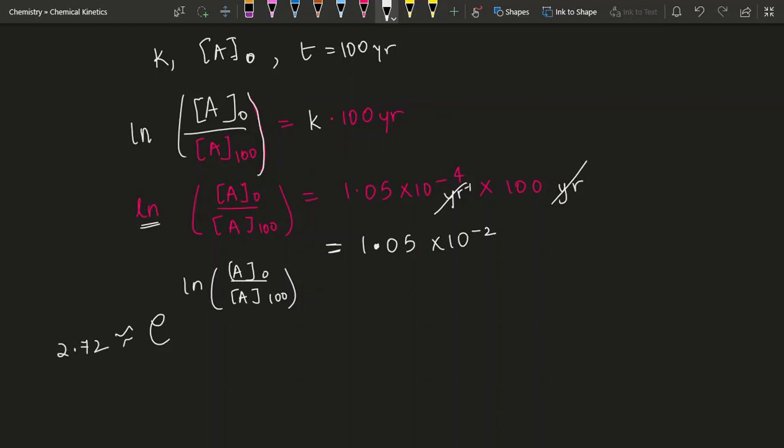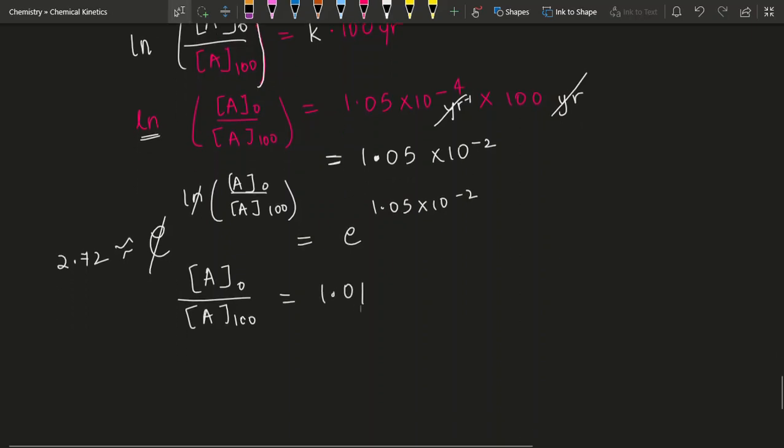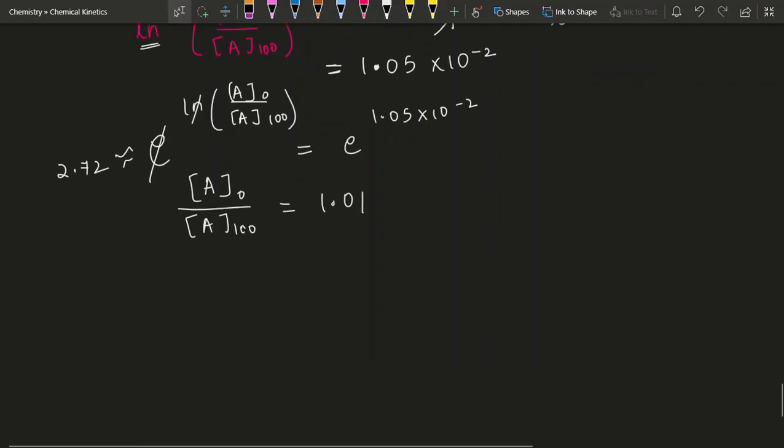If you raise everything to the power of e, since e and natural log cancel each other, you then have a naught over a at 100 years is equal to 1.01. Then you can also invert this expression and take the reciprocal on both sides.